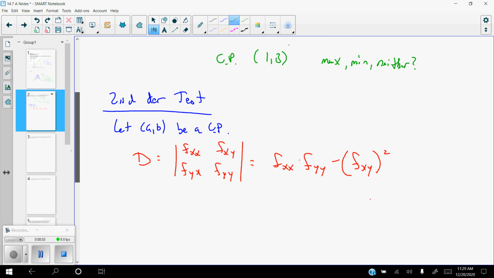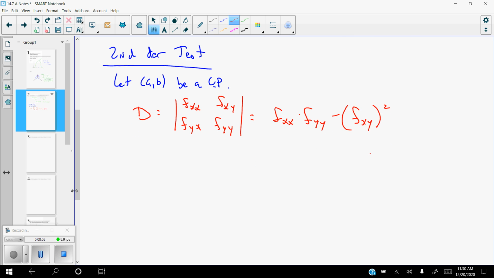And so here is the actual test results. If D is greater than 0, we are going to have a max or a min. The test is if fxx is also greater than 0. Well, now let's think about that. D being greater than 0 tells us that we have a max or min.